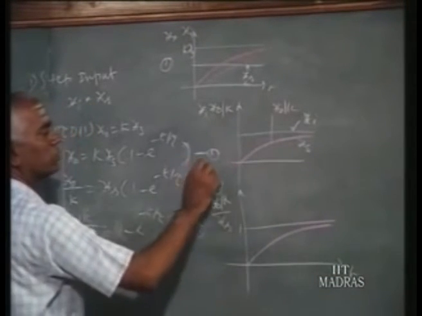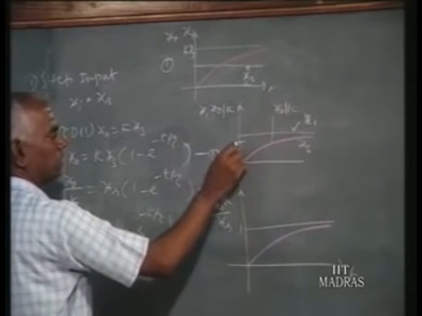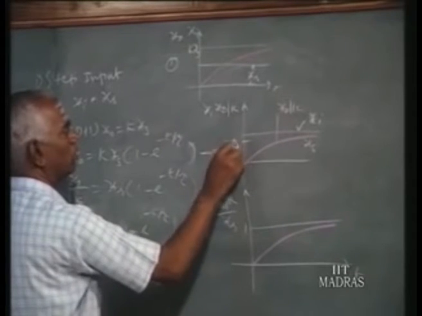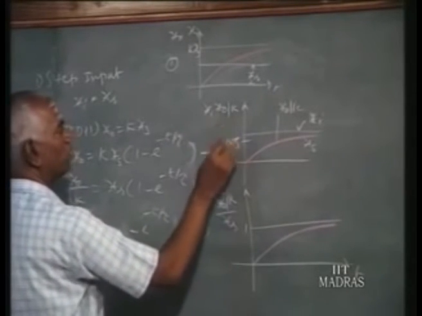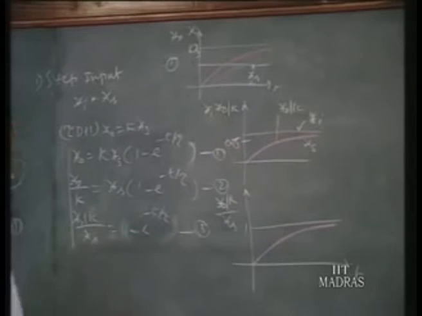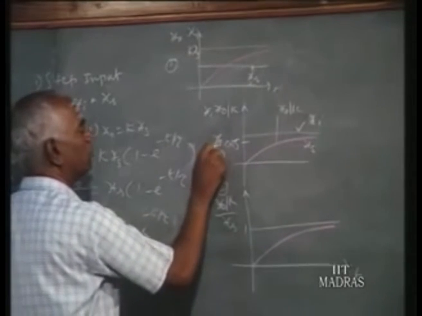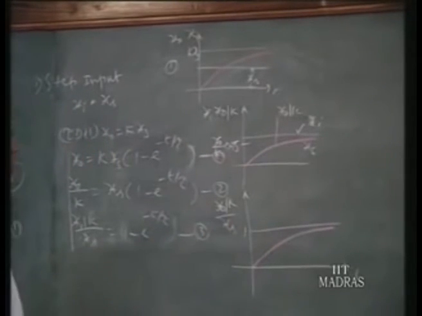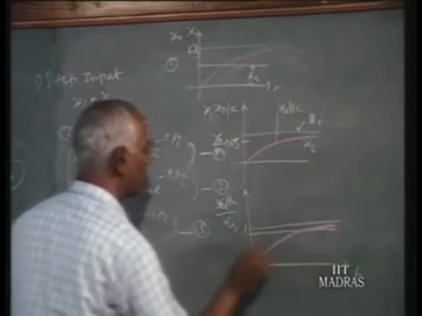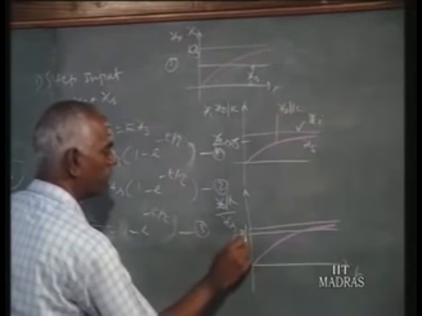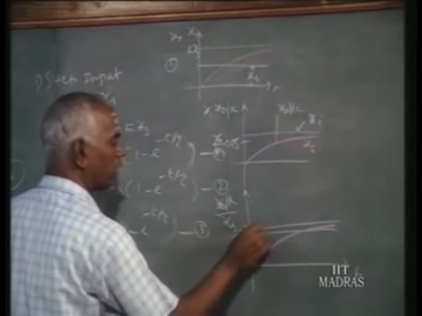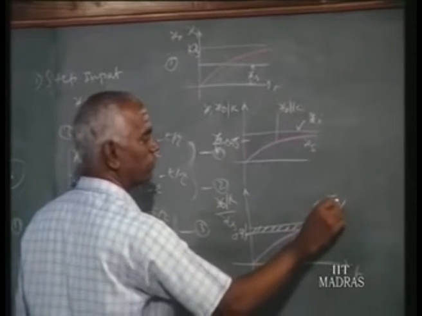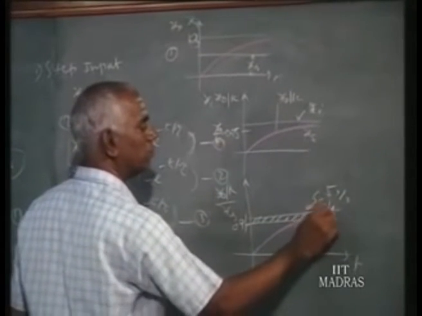Suppose we have a settling error, so 0.95 times XO by K. This is called the 5% settling time; we can also represent it in non-dimensional form. If XO by K by Xs reaches 0.95 times, we say it is within the error zone. This is the error zone for the 5% settling time.